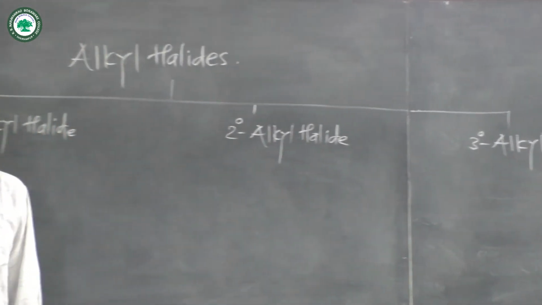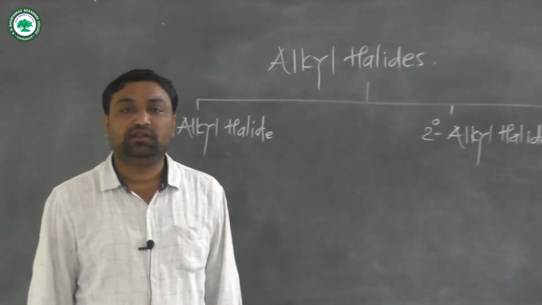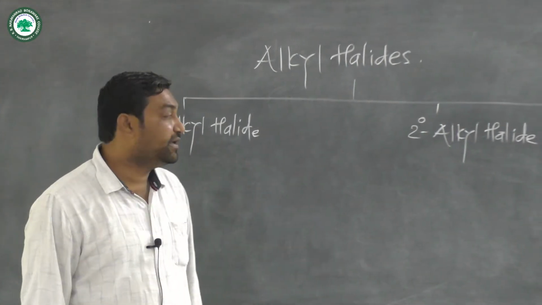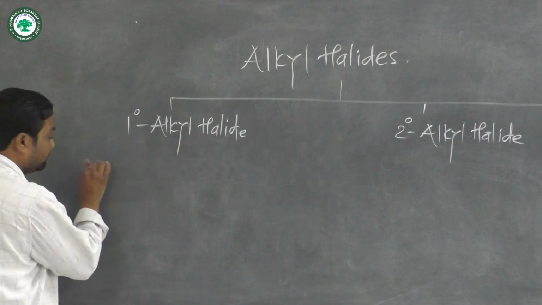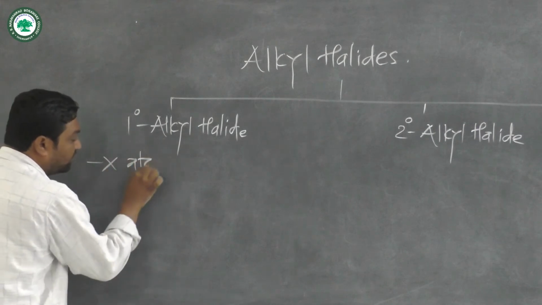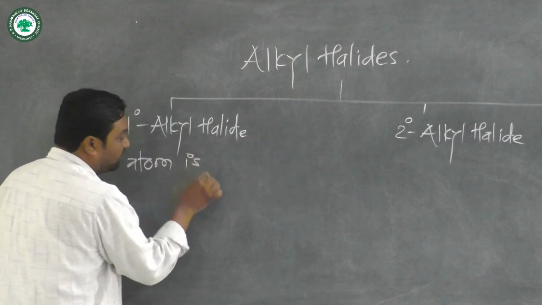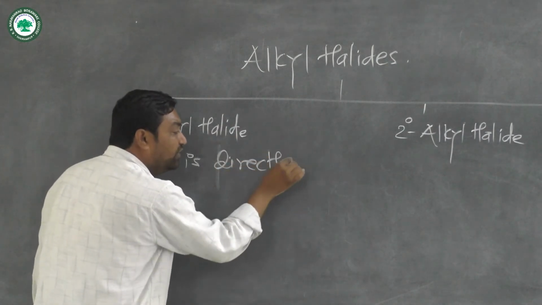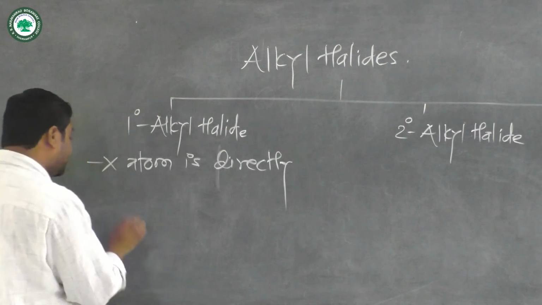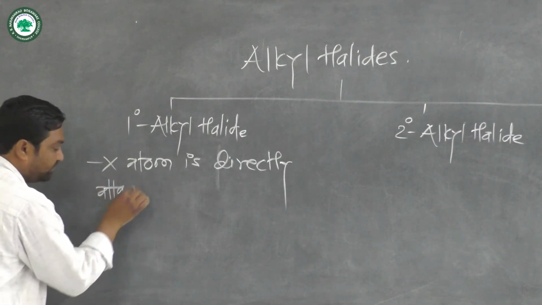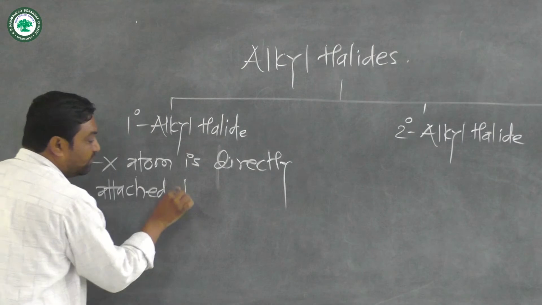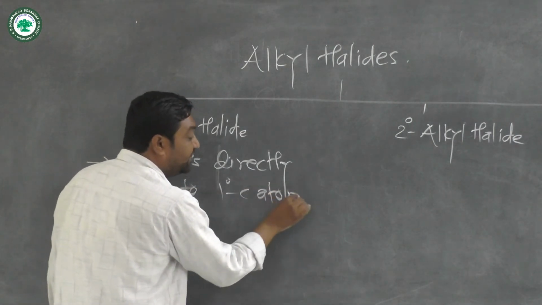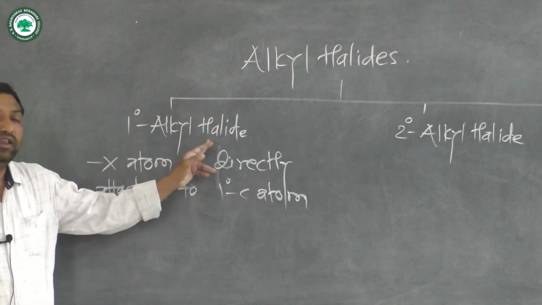If a halogen atom is present on a primary carbon atom, then that alkyl halide is called a primary alkyl halide. Or we may say that if the halogen atom is directly attached to a primary carbon atom, then it is called a primary alkyl halide.